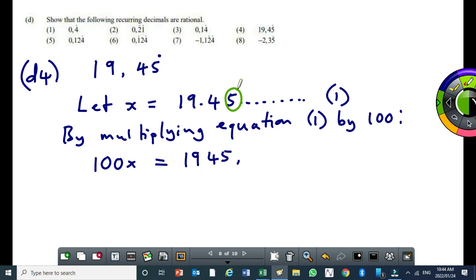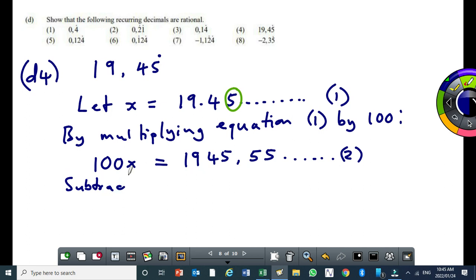But they are there because the whole number has got a 5 which is recurring. Therefore, after the comma, I'm going to end up having a 5, 5. Then I can put my dot dot because there are still other 5s after this third 5, right? So this becomes my equation 2. Are you following that?